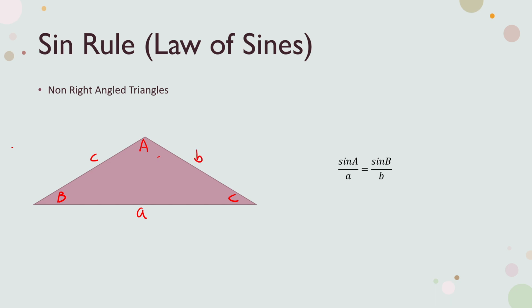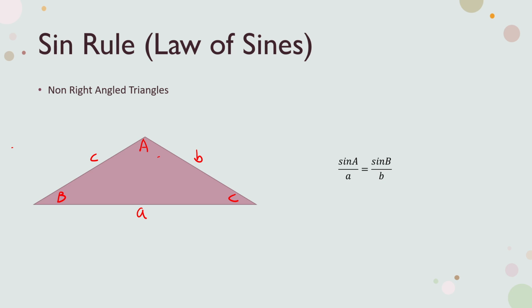Then for all of your angle and opposite side combinations, you can take the sine of the angle and divide by the length of the side, and the ratio is always going to be equal to all the other ratios of angles and side lengths.